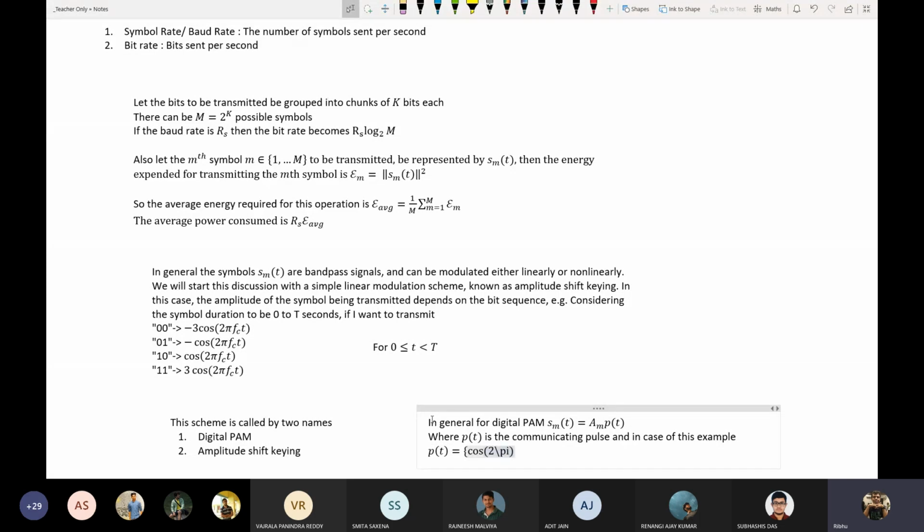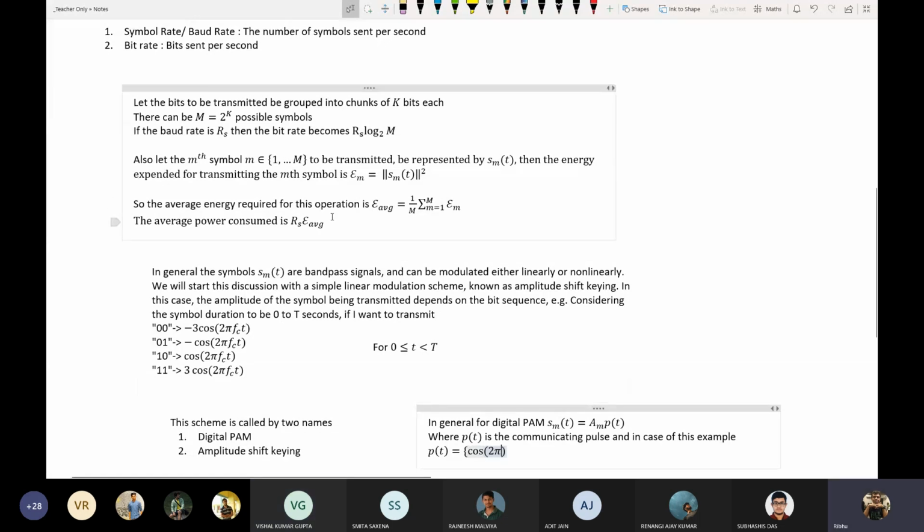Sir, 00 has been denoted -3 cos 2π f_c t and 11 is 3 cos 2π f_c t. So there has been a phase change of 180 degrees. So can it also be phase shift keying? No. That's why I've taken this specific example.